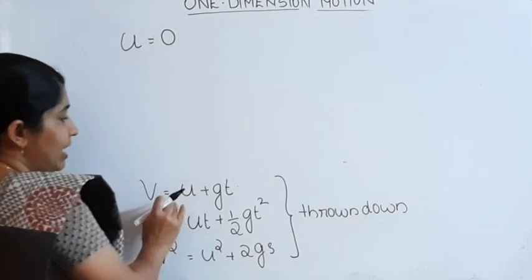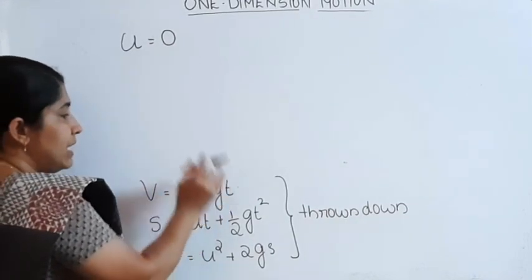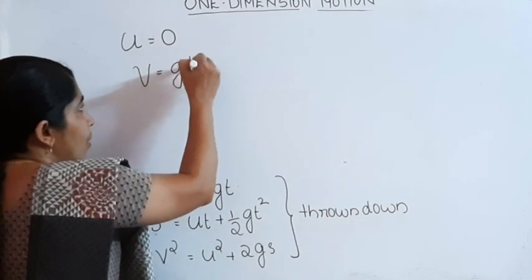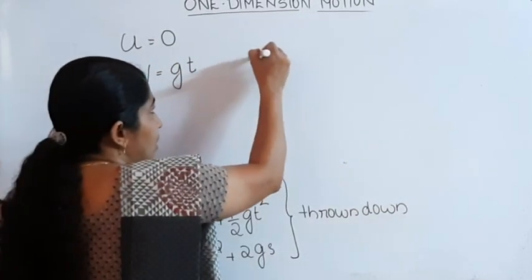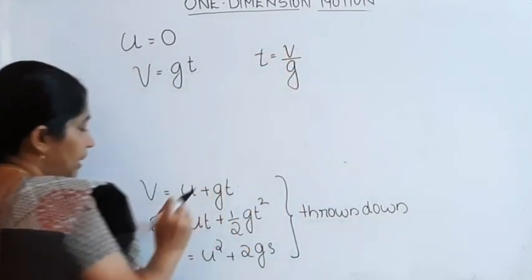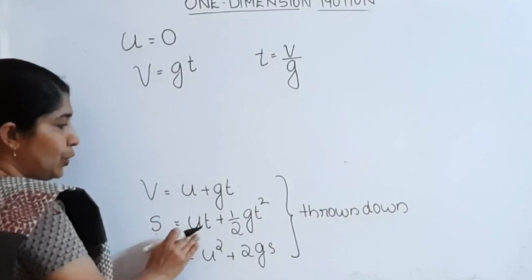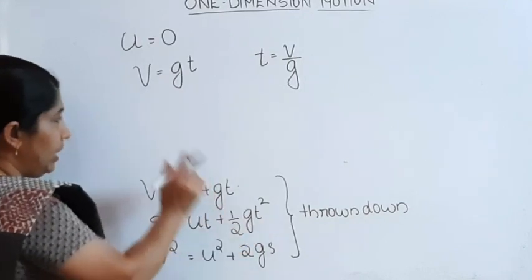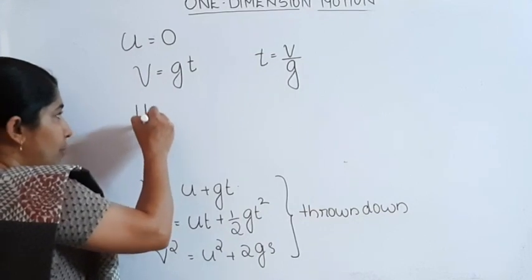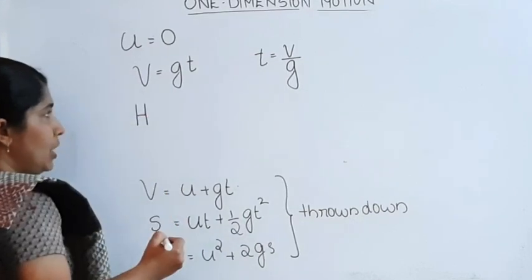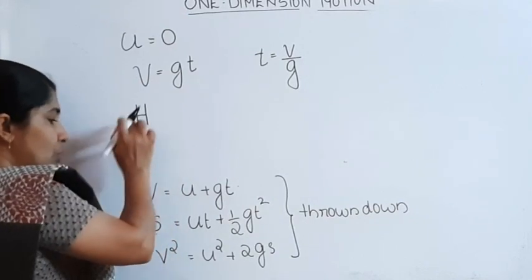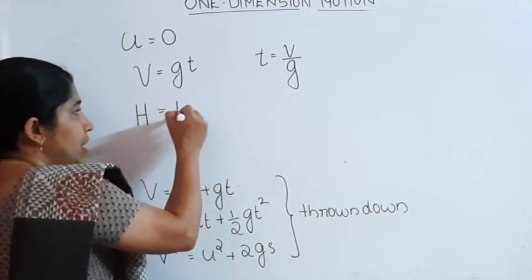Then V is equal to U plus GT becomes V is equal to GT, so time T is equal to V by G. The second equation, S is equal to UT plus half GT square, becomes, with S written as H, H is equal to half GT square.